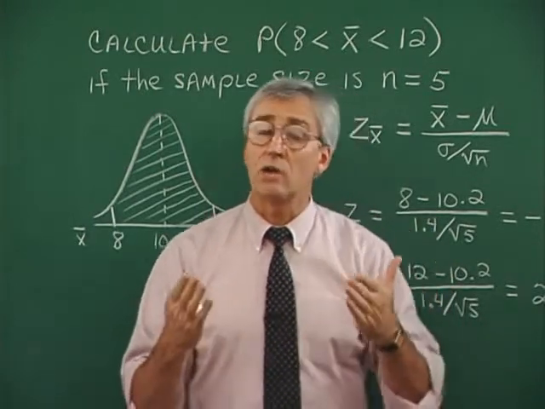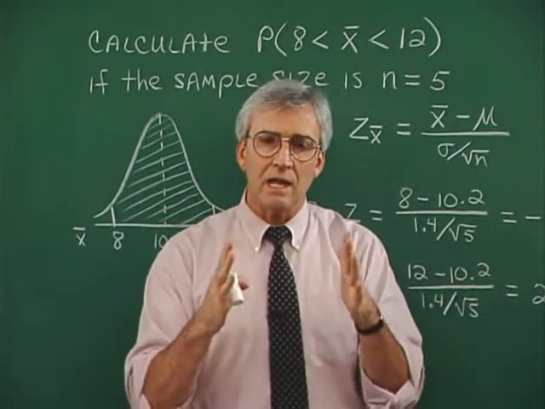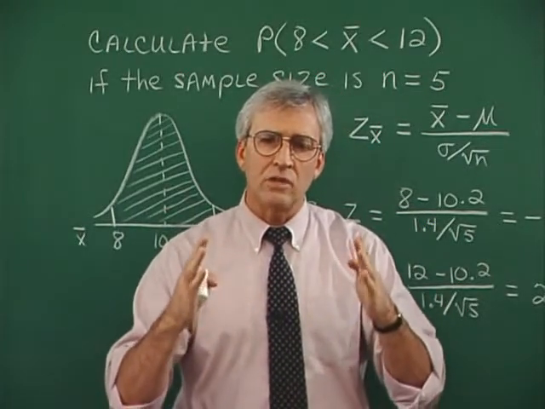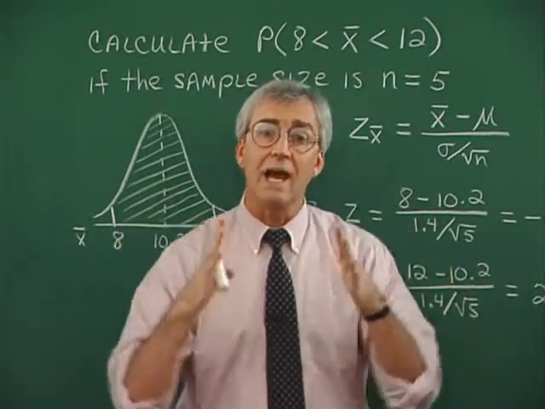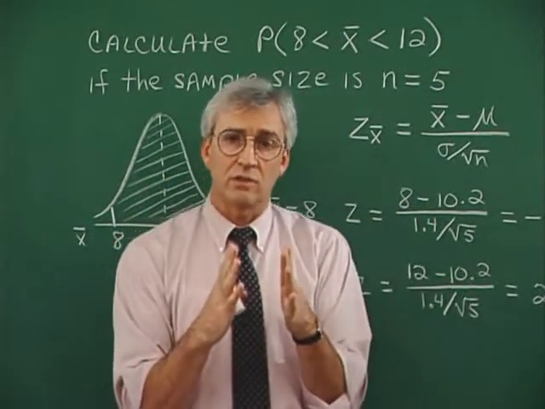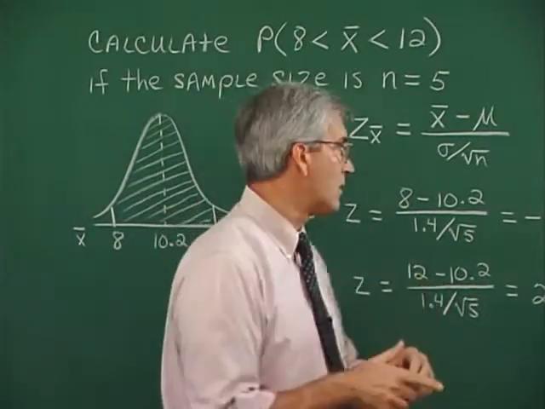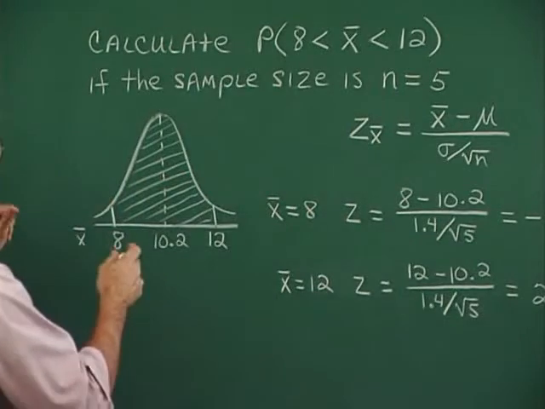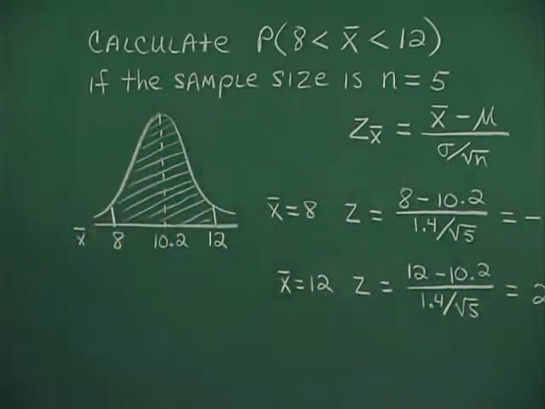And the point I'm trying to make here, and to illustrate vividly, is the idea that the standard deviation for the x-bar distribution is a lot tighter than the standard deviation for the other distribution, the distribution of the population. Okay. To make the calculation, we start kind of in the same way. Here is the x-bar distribution.